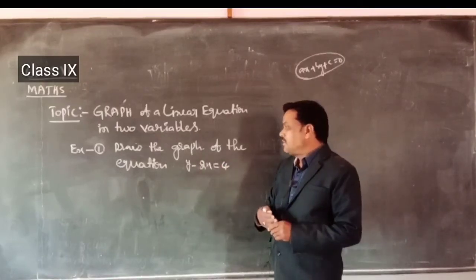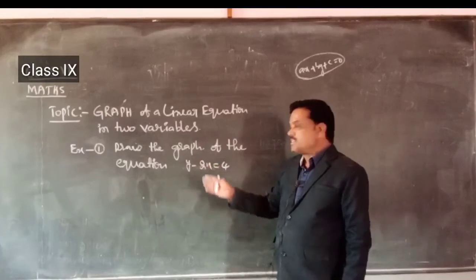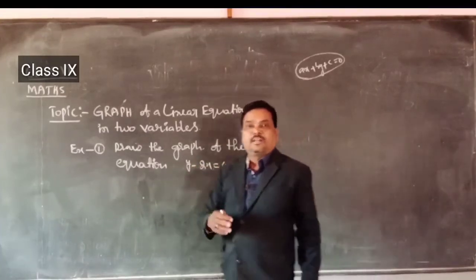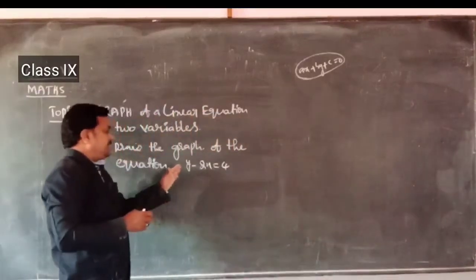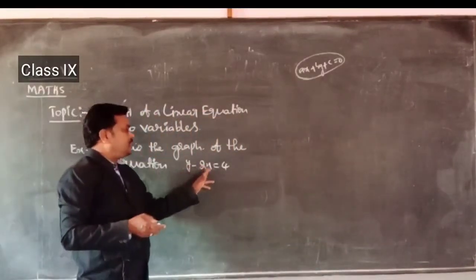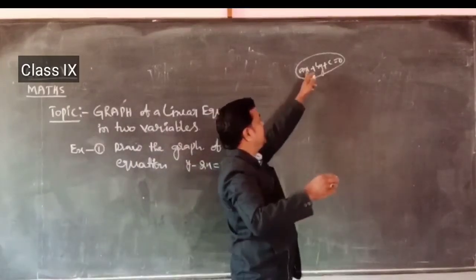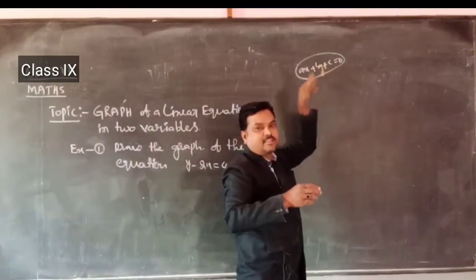Here I am taking one of the linear equations: y minus 2x is equal to 4. The general form of a linear equation is ax plus by plus c is equal to 0.